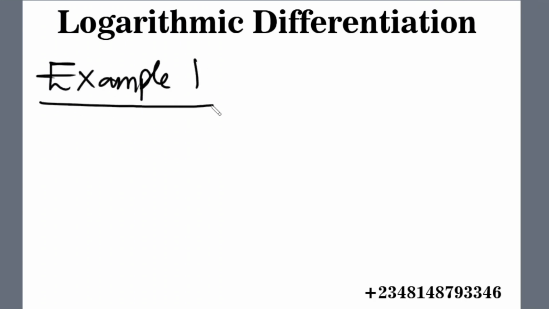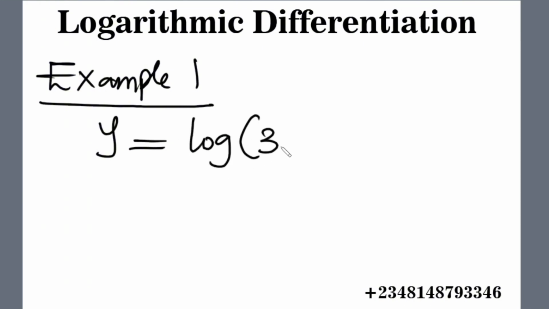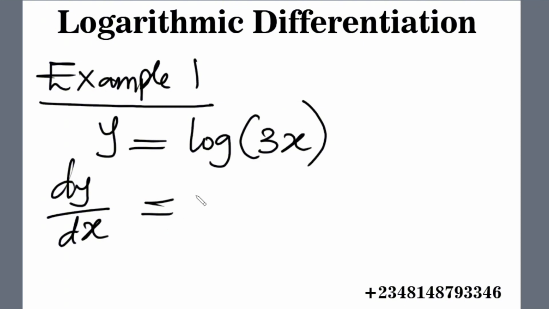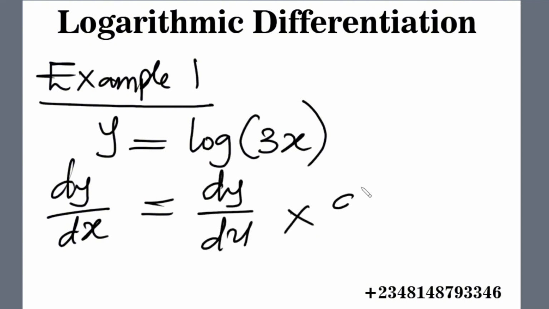Example 1. If y equals log 3x, we will be using the chain rule to solve this problem. The chain rule formula is dy all over dx equals dy all over du multiplied by du all over dx. We have y already. So what is u? u should be what is inside the bracket.